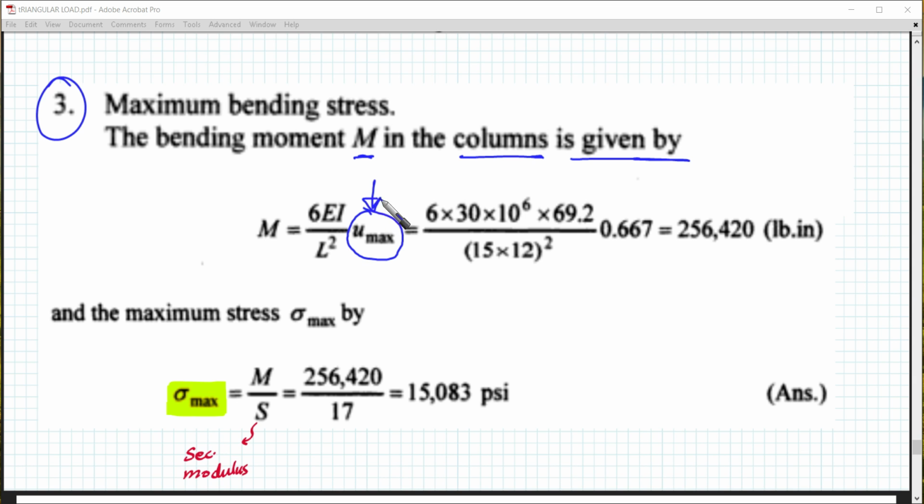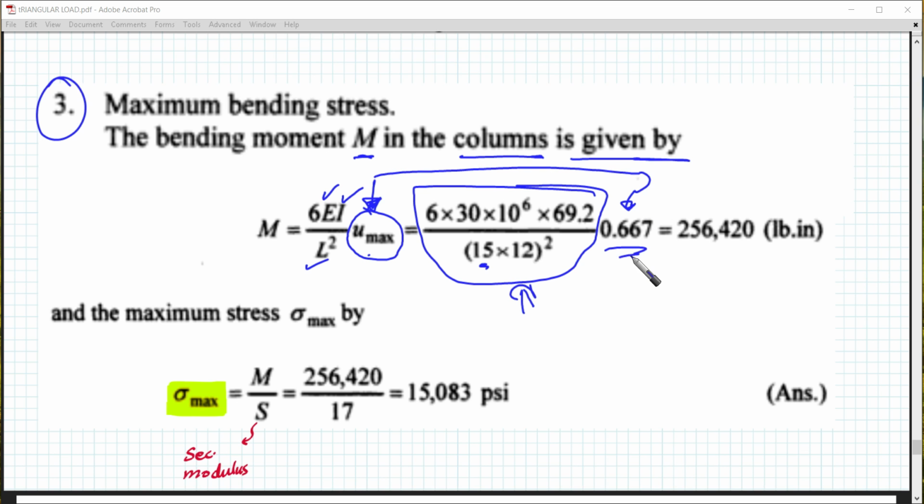This is the piece of information that we want to add here. 6EI, we know Young's modulus, inertia is known, L is known, 15. Everything is known here. U maximum is the missing puzzle for us. Already we have obtained it from the previous step. Then we are going to multiply and get the value of the moment.